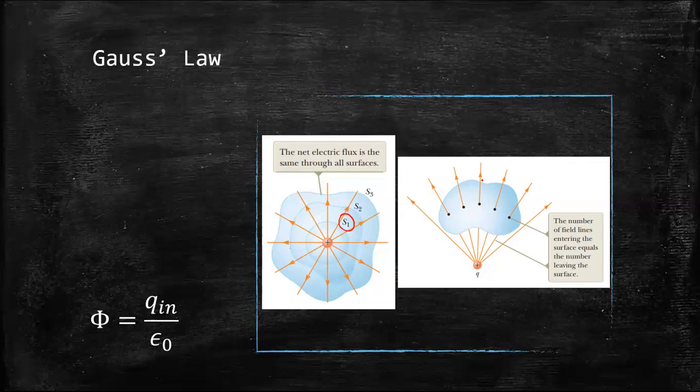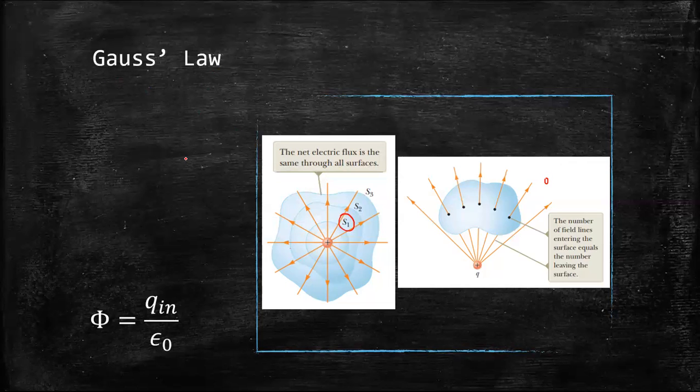Whatever the signs are, the electric field comes in, but then later on comes out of the balloon. So the net flux here will be 0.